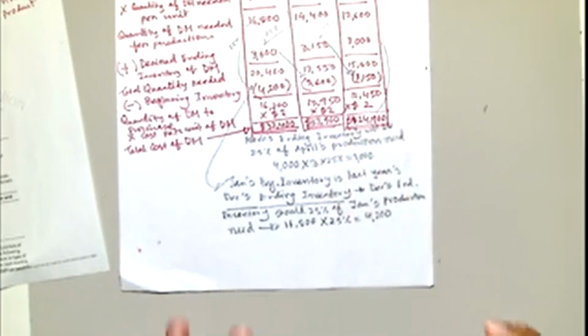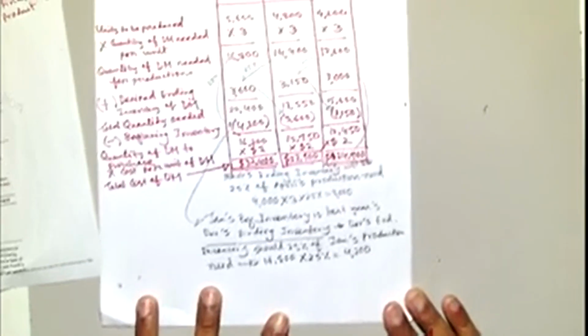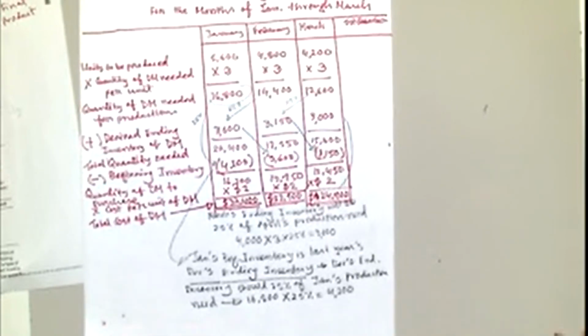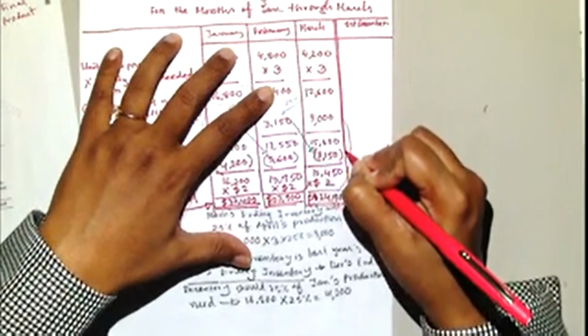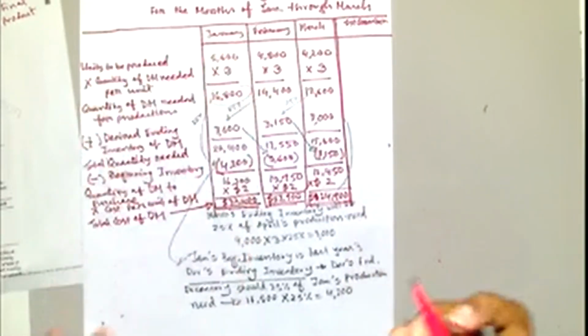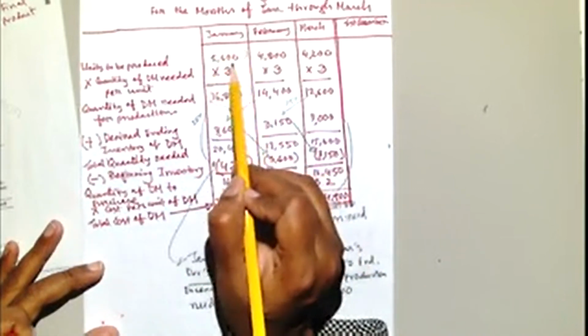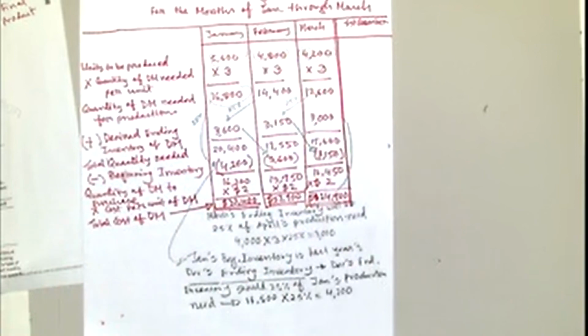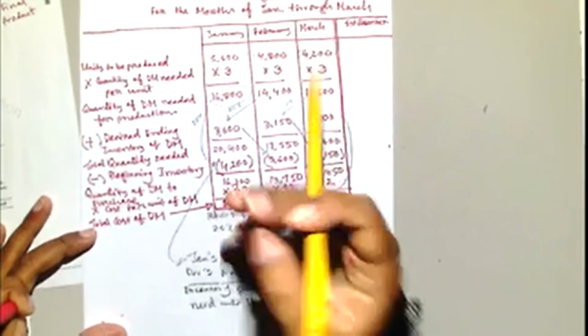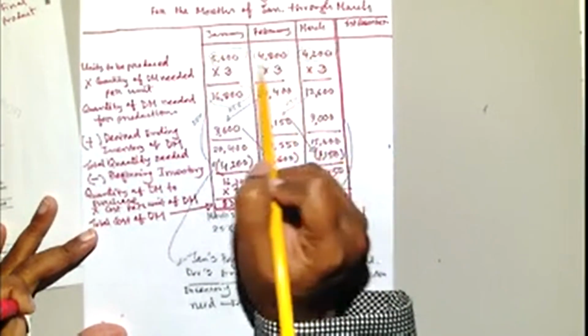Now it's time to complete your total column or quarterly column. Some are add across the columns. Some will be a little bit tricky. For example, this one you can add: units to produce. These are the toys, number of stuffed animals. So add these all and tell me the number.